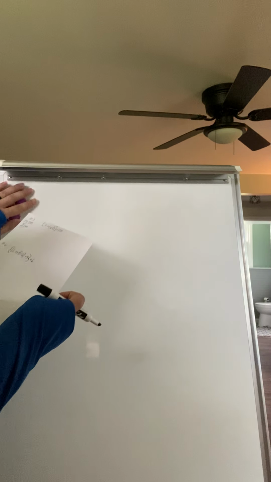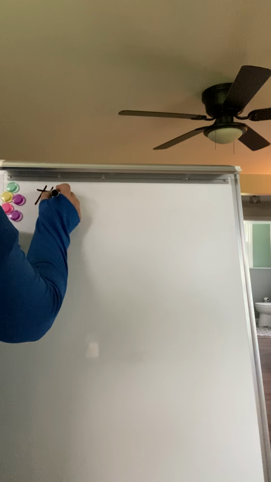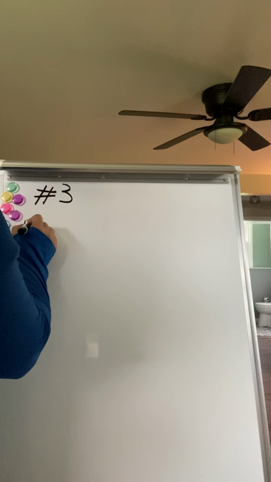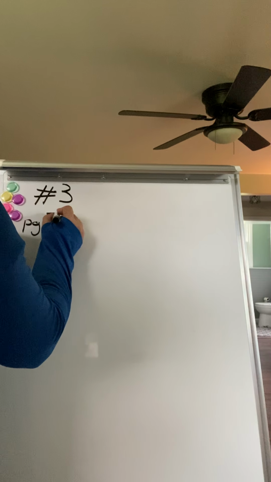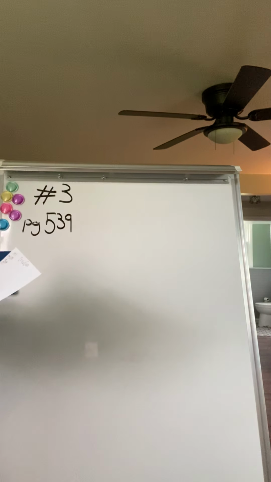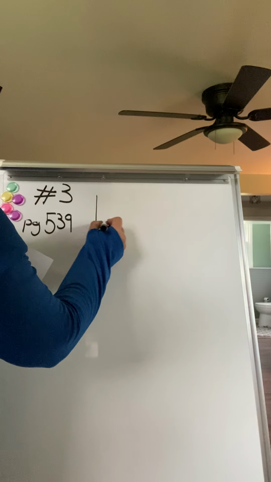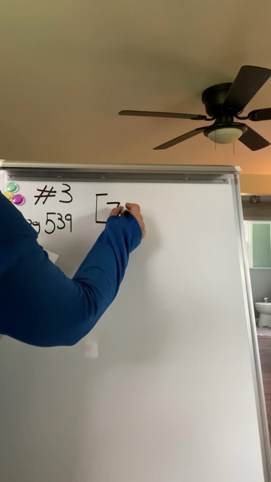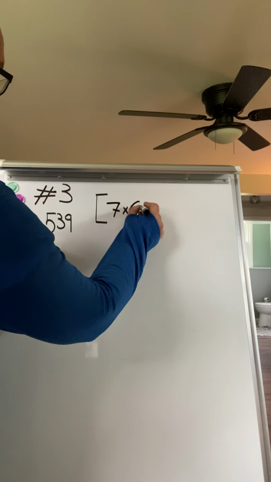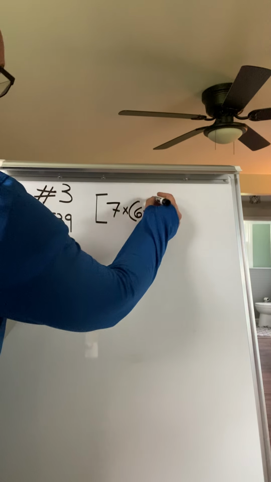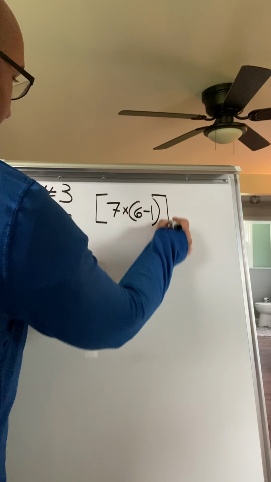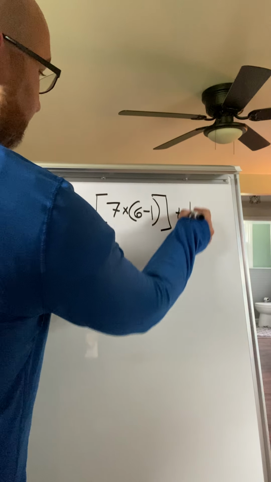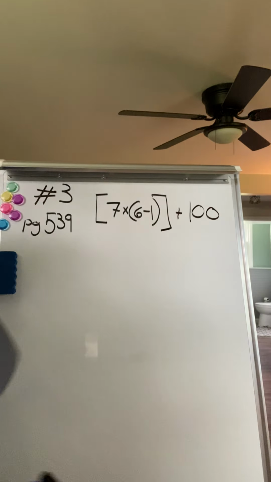So we'll write this problem, number 3, page 539. All right, so you'll see your bracket, and you have 7 times with a parenthesis, 6 minus 1, parenthesis, and bracket, plus 100, okay?